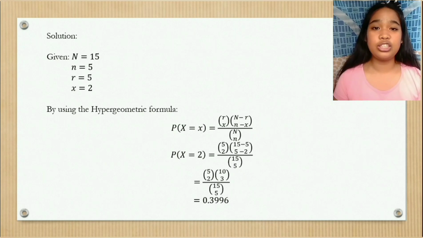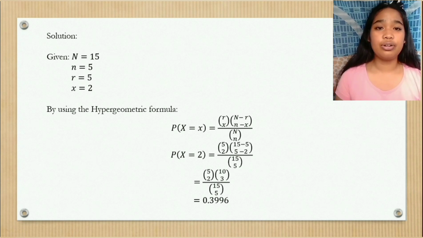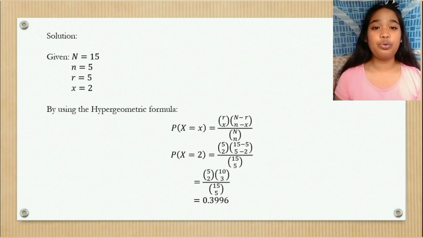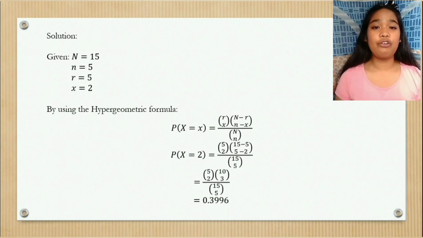So 5 combination of 2 times 10 combination of 3 divided by 15 combination of 5 equals 0.3996. Therefore, the probability of drawing 2 red candies in our 5 random draws from the jar is 0.3996.